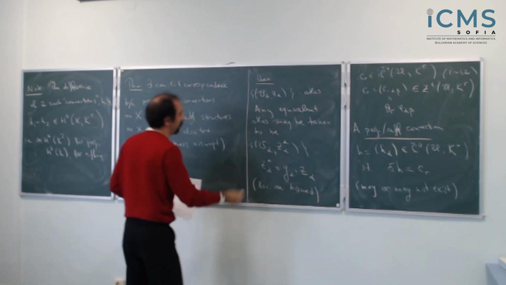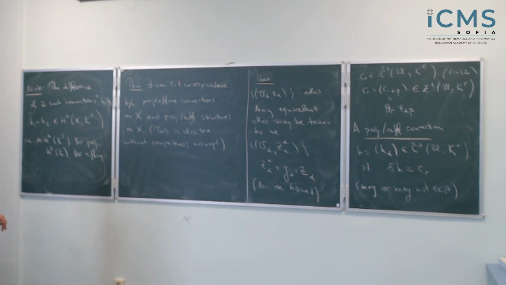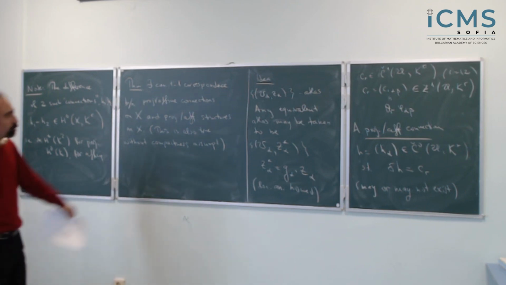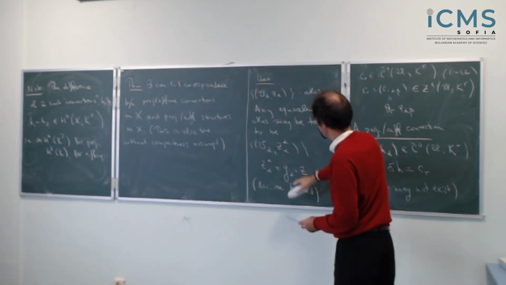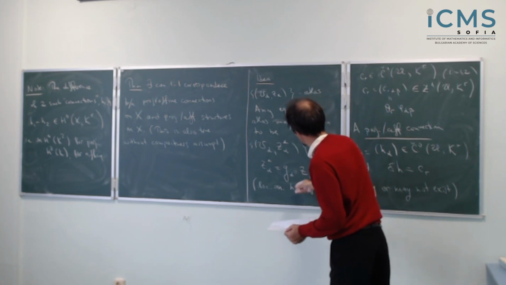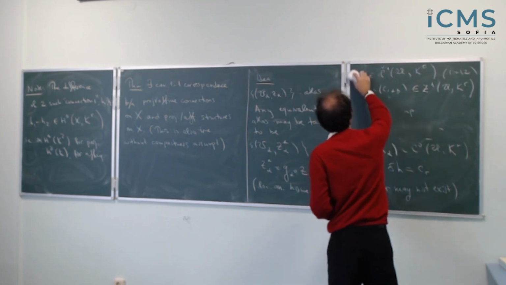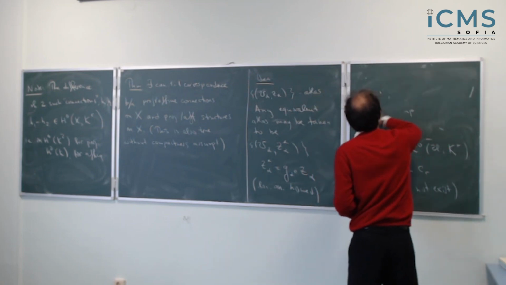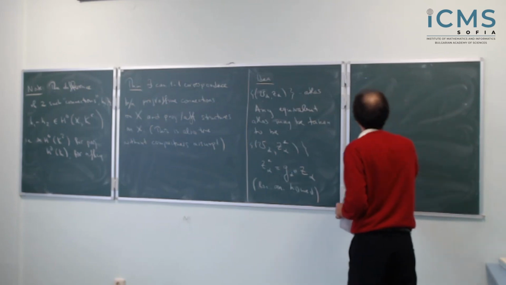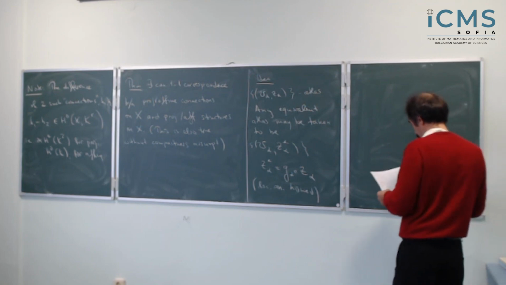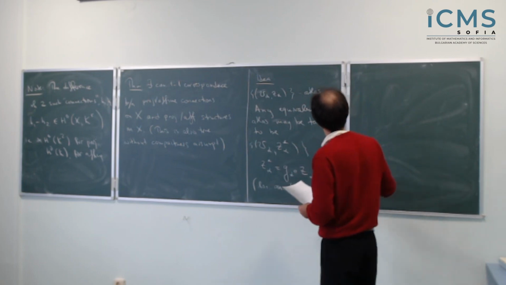So after refining the cover, passing to a common refinement, an equivalent atlas would differ from this one by composing with some G alphas. With this new atlas, we'll have new transition functions.